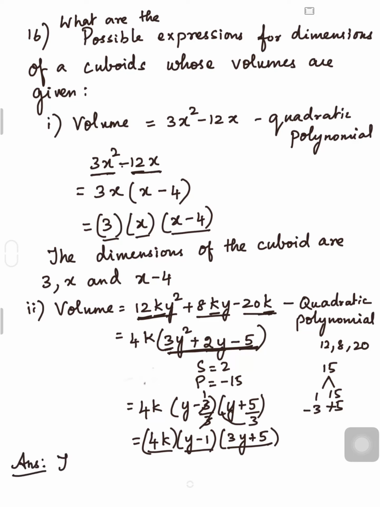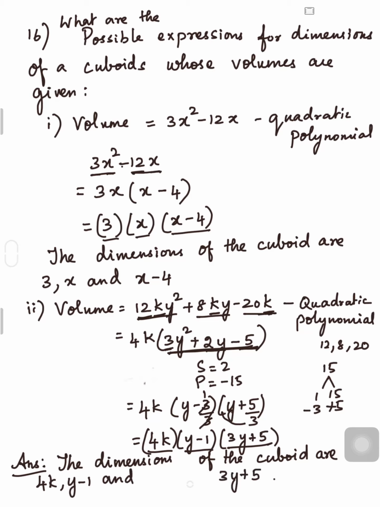So the answer is, the dimensions of the cuboid are 4k, y minus 1 and 3y plus 5. Hope it's clear, children. Thank you.